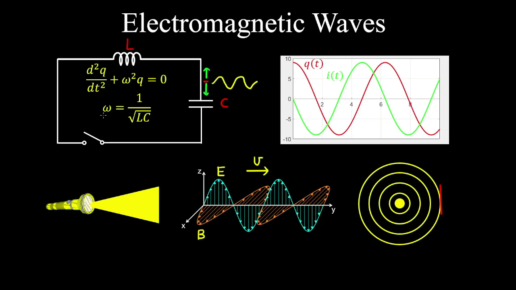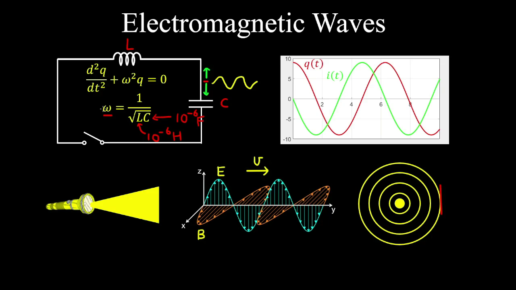And the frequency of the oscillation is equal to the reciprocal of the square root of the inductance times the capacitance. So an example is if the inductor had an inductance of 1 microhenry, or 10 to the minus 6 henries, and the capacitance of the capacitor is 1 microfarad, or 10 to the minus 6 farads.